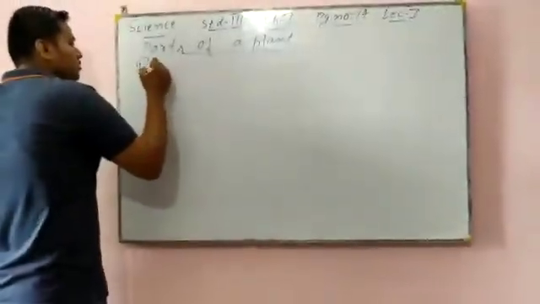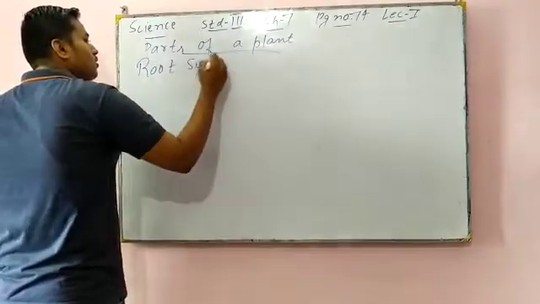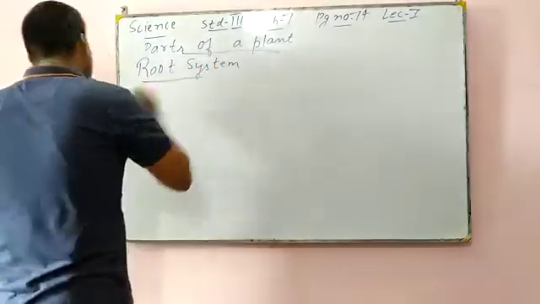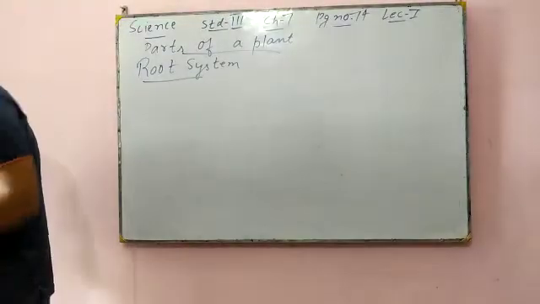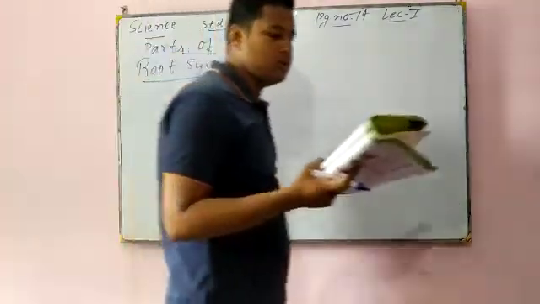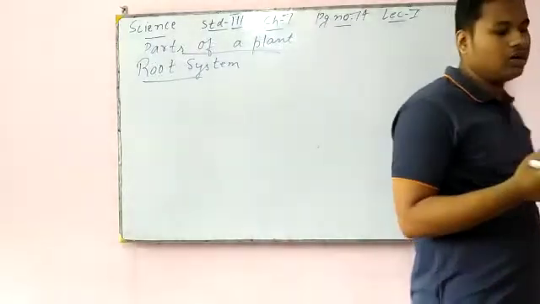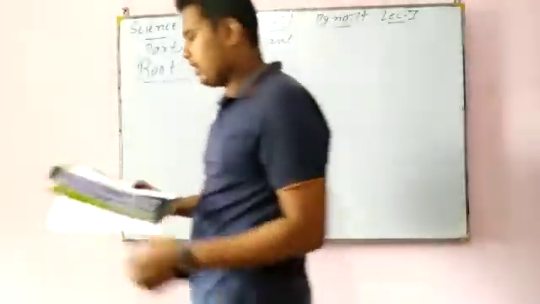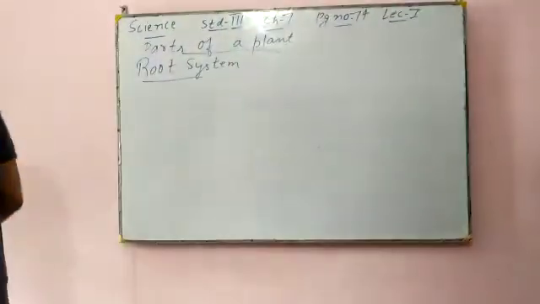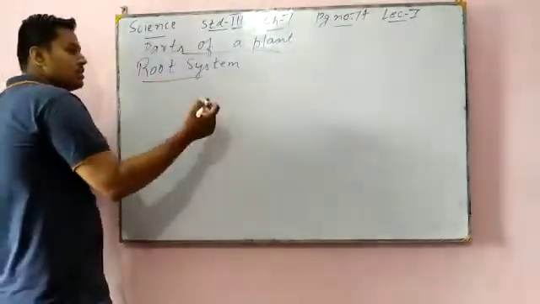Root system. I told you the part of the plant that usually grows below the ground or under the ground is known as root system, and root system cannot be seen.